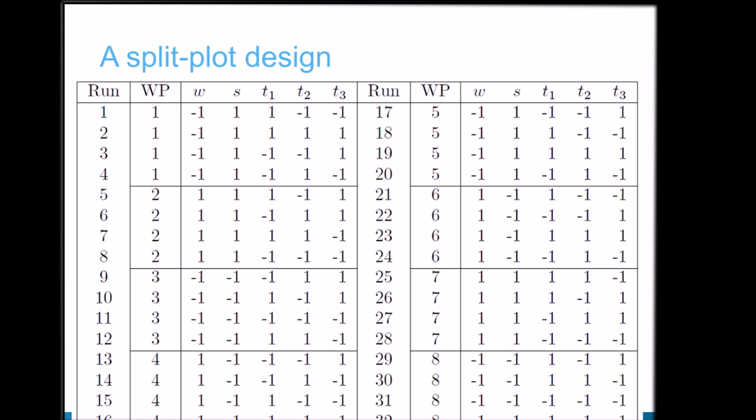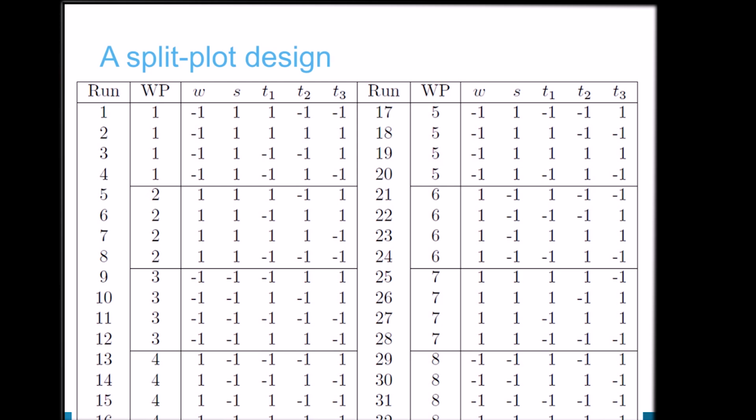So these factors, W and S, the gap and the frequency, are applied to the groups. They are applied to the whole plots of the experiment. Whereas the levels of T1, T2, and T3 change all the time.